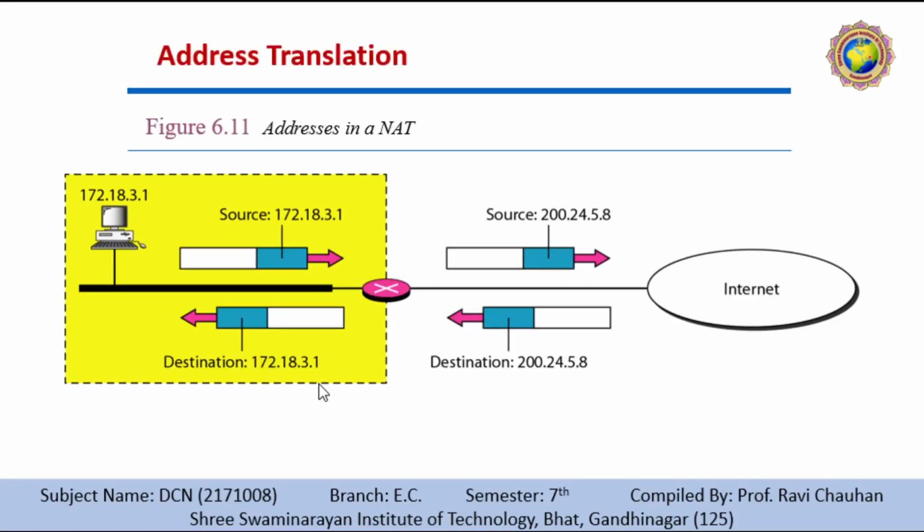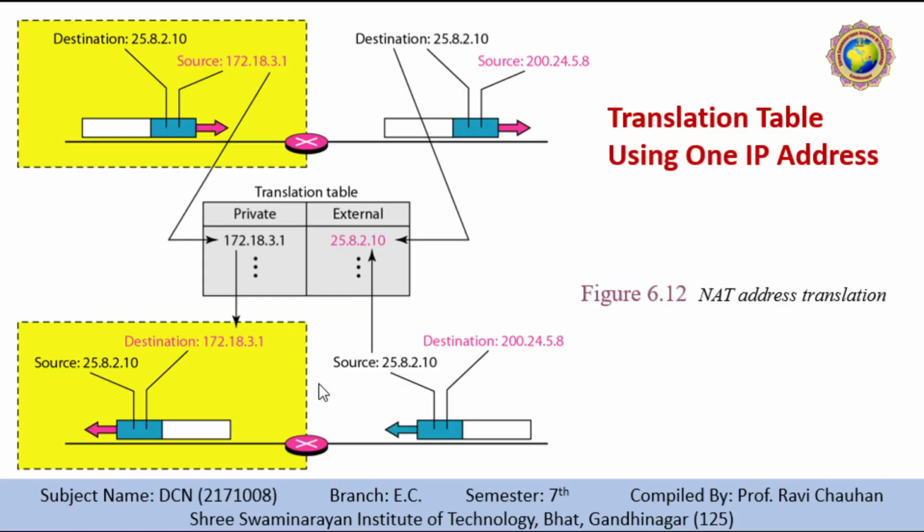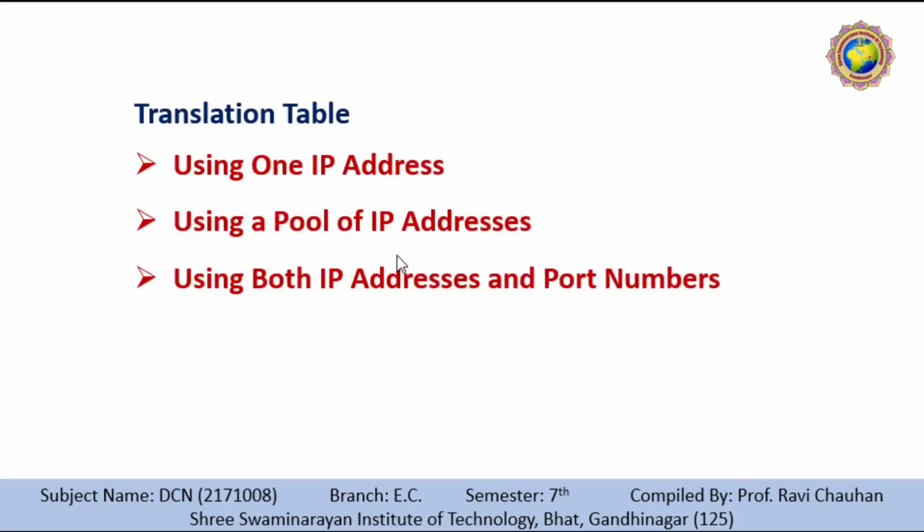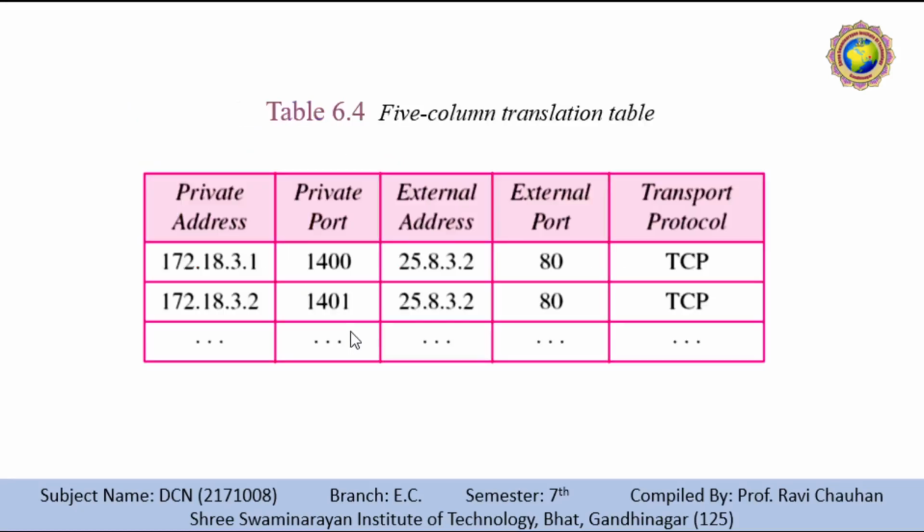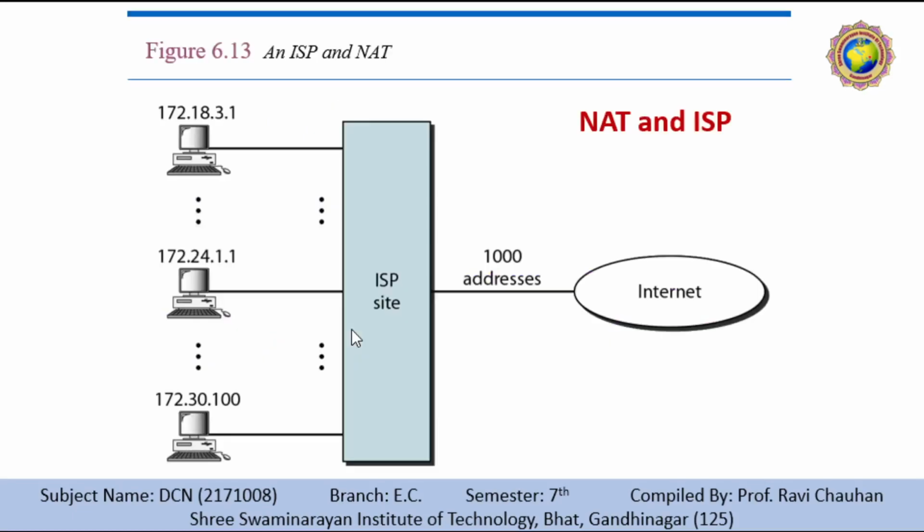After that, we saw the address translation algorithm, and a translation table using one IP address. After that, we covered a pool of IP addresses. Then we used IP address and port number in a translation table. We also related NAT with an ISP.